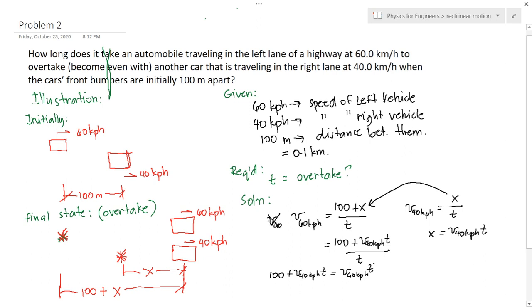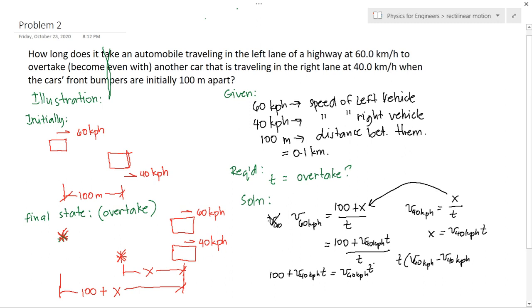So combine those terms that involve the variable t, so yung time. So we have here t times v60 kph minus v40 kph.